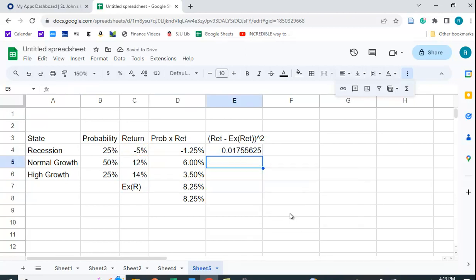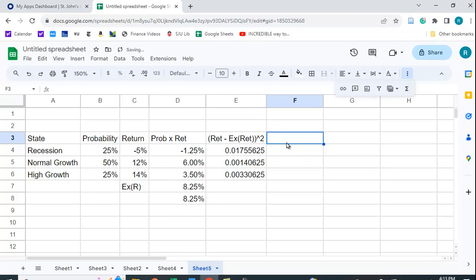And then I'm not going to copy that down; I'm going to copy it myself. And so we get these values, and then you're not done yet. We have to multiply by the probability. So let's take these deviations squared times the probability.